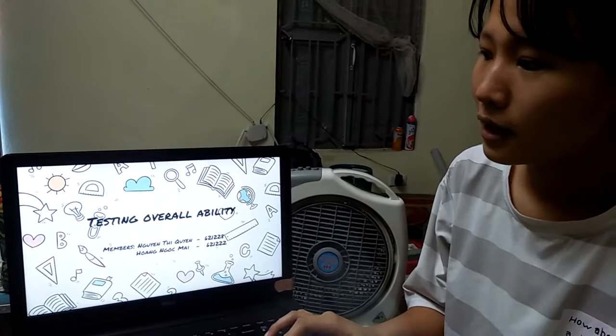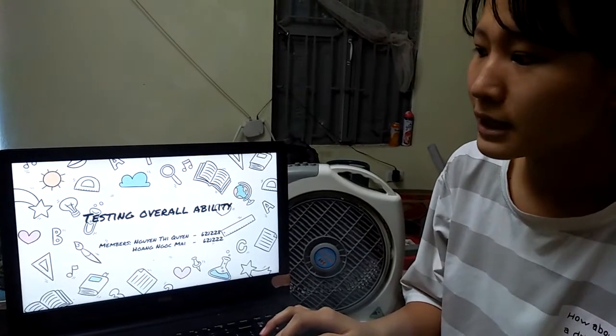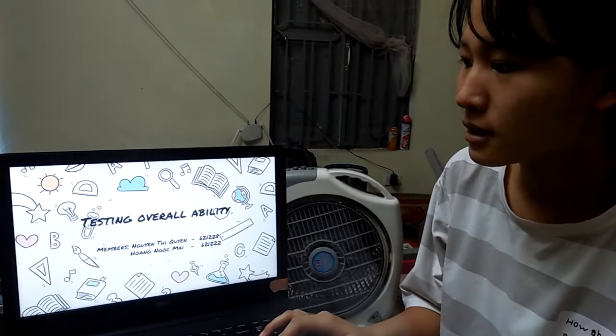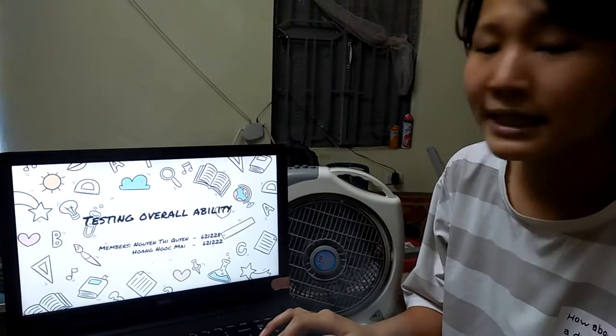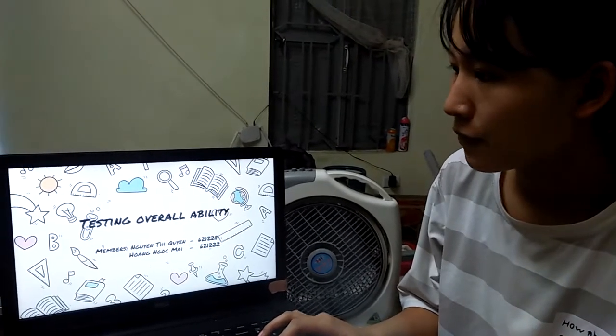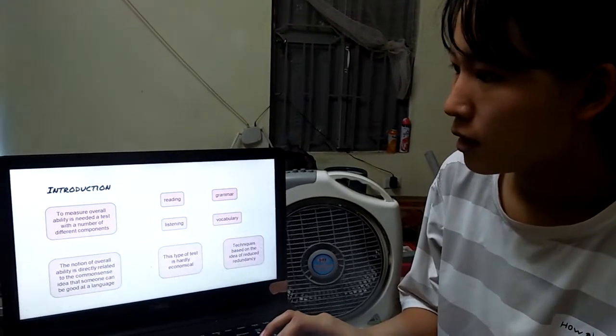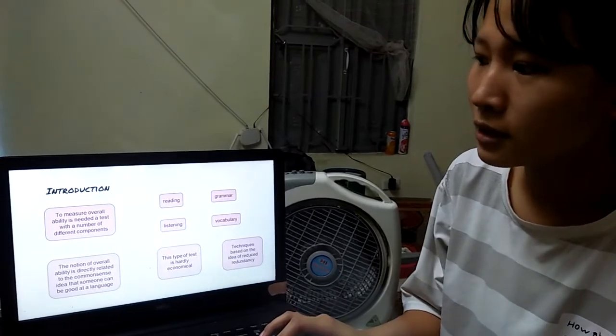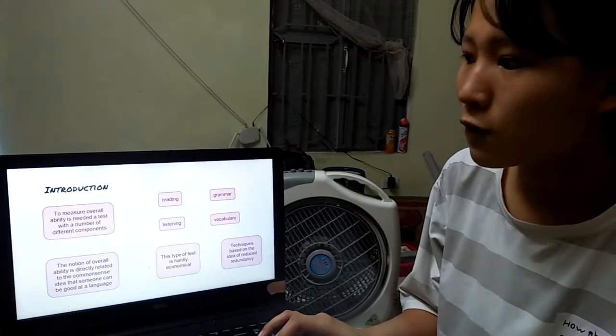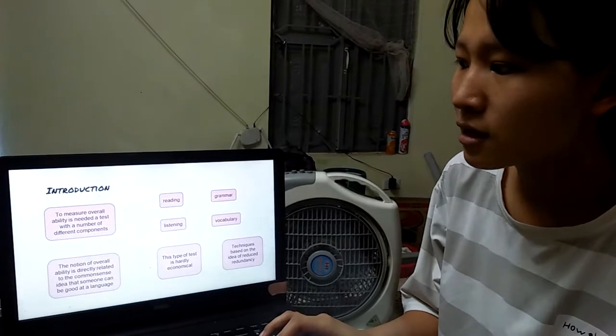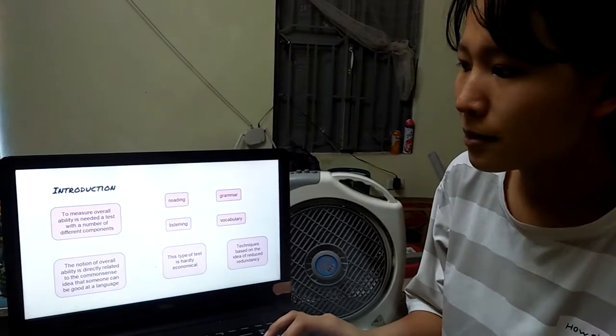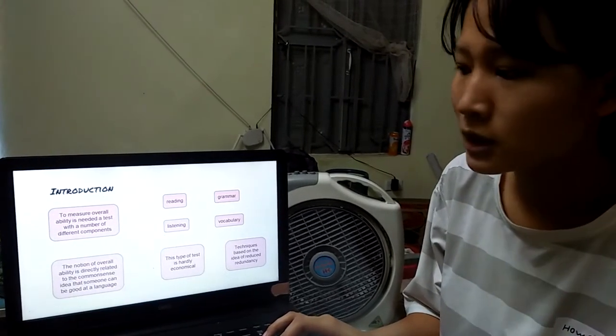Now I present about testing overall abilities. Firstly, introduction. To measure overall ability, a test with a number of different components is needed.